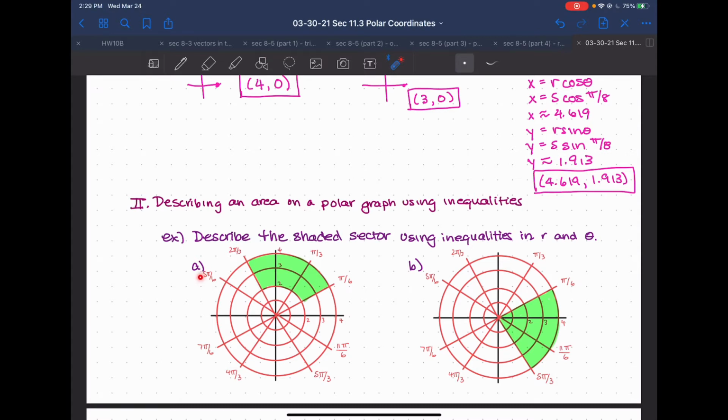All right, so let's look at A. As far as r goes, we are shaded between r equals 2 and r equals 4. Everywhere is shaded between those two. So that's all it wants, 2 is less than or equal to r is less than or equal to 4. And then think about the theta.